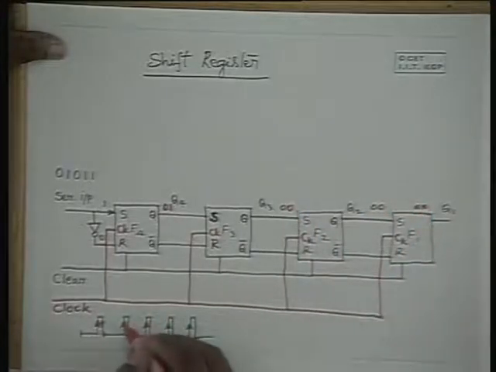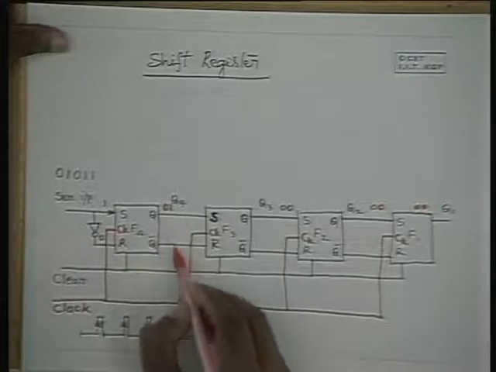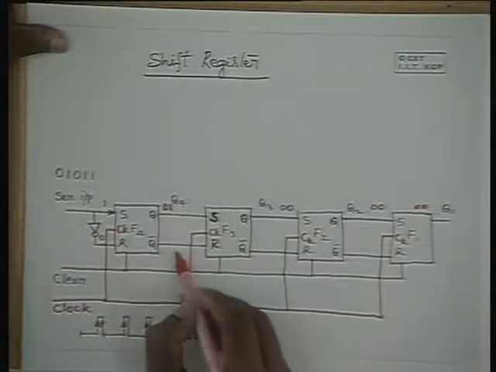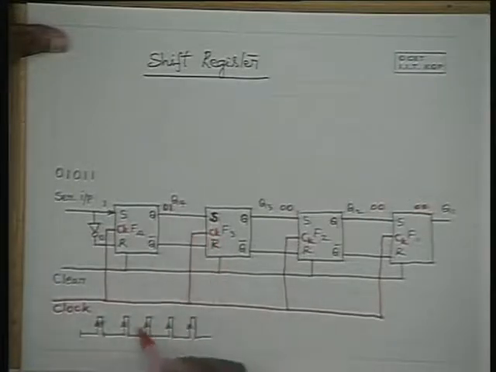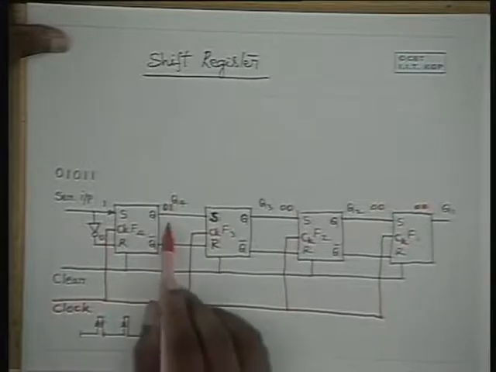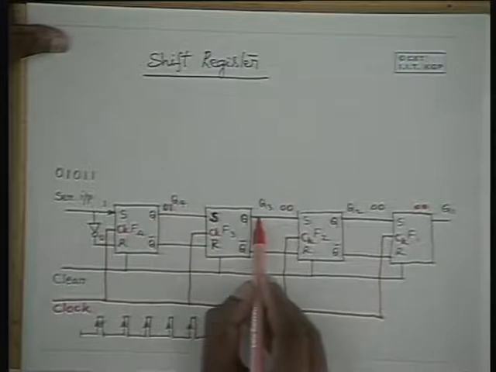Now when the next clock pulse occurs, because this is already 1, S is 1 and R is 0, when the second clock pulse comes, this output will be a 1.